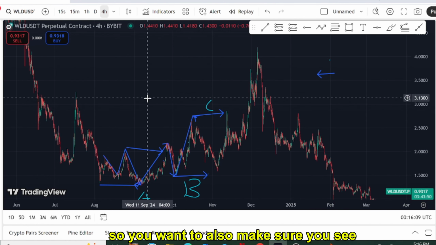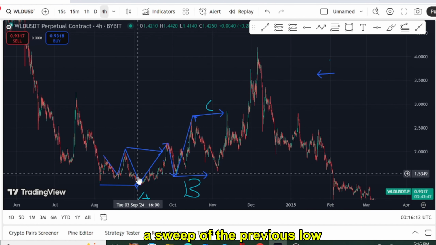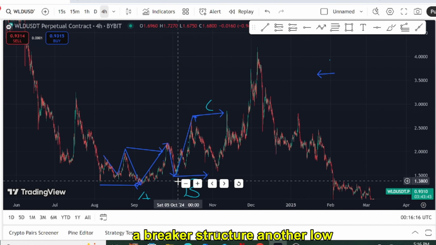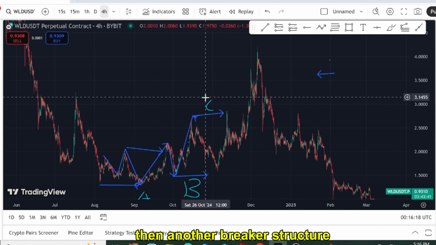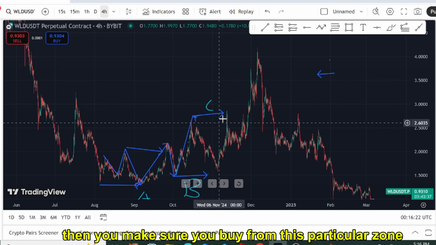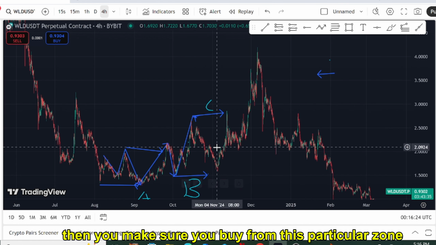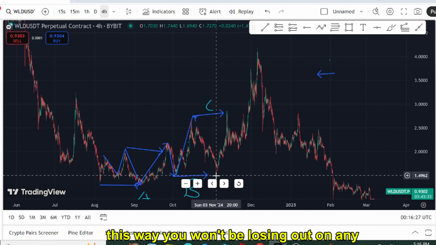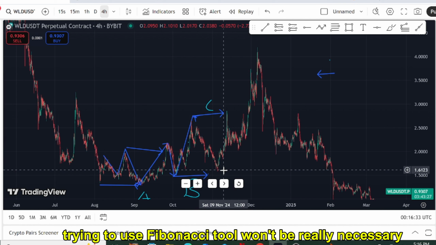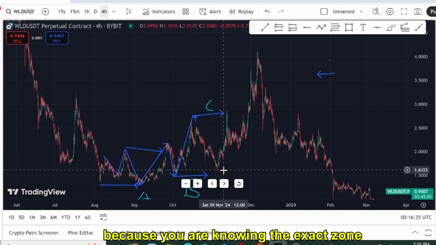So you want to also make sure you see a sweep of the previous low, a break of structure, another low, then another break of structure, then whenever price takes out this B, you make sure you buy from this particular zone. This way you won't be losing out on any of your funds, and using the Fibonacci tool won't be really necessary because you know the exact specific zone to buy from.